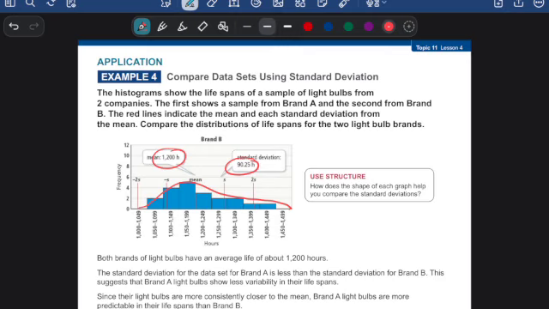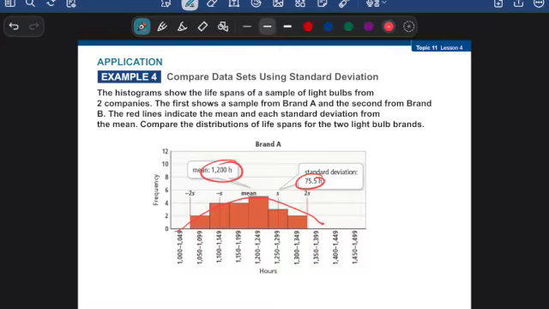So both brands of light bulbs have the average or mean of 1,200 hours. The standard deviation for the data set for brand A is less than the standard deviation for brand B, because we had that normal distribution in brand A. Okay, so there's less variability with brand A. Our data is going to be closer to the mean.